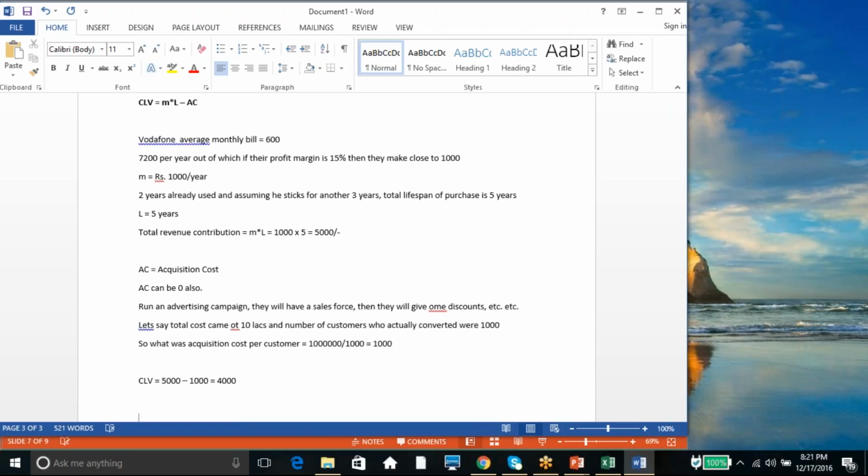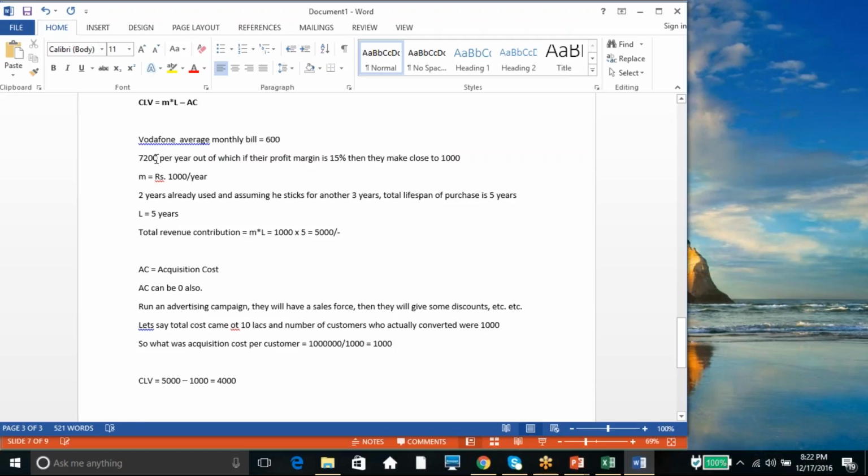Okay. Now application. CLV already has the service cost. No, I have not taken the revenue as 7,200. I have taken M as only the profit margin.